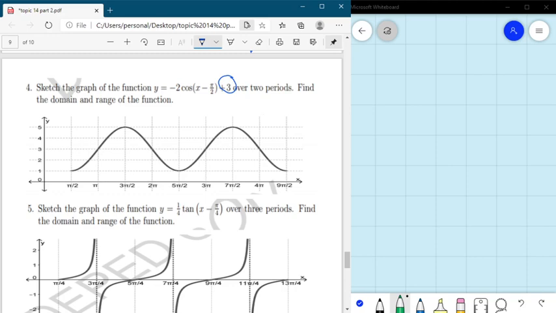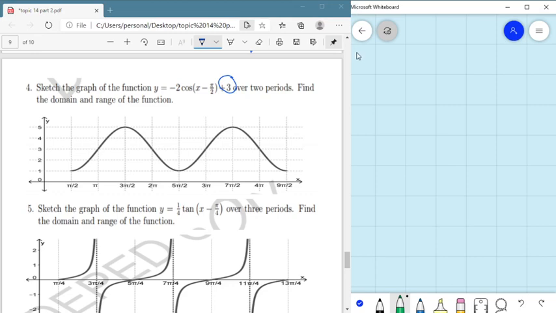So, that's why we can say that the period is, for any cosine, 2 pi over 1. So, therefore, the period is 2 pi.